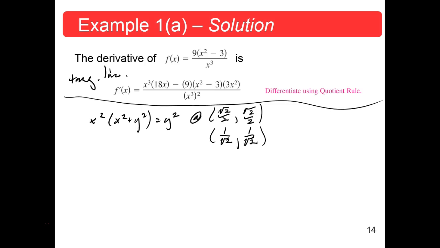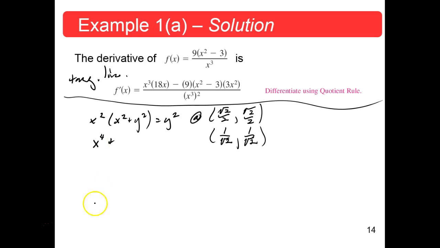Oh, are you wanting to multiply those across? You can do that. In fact, that's perfectly okay. Let's do it. So this would be x to the fourth, plus x squared times y squared.